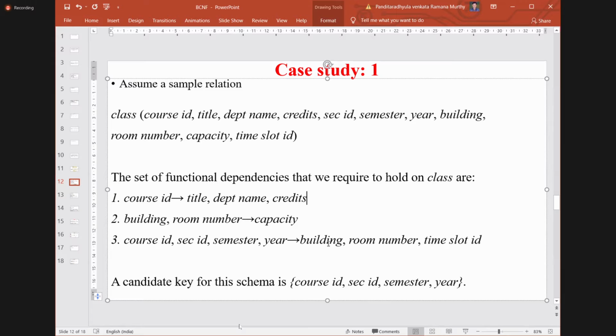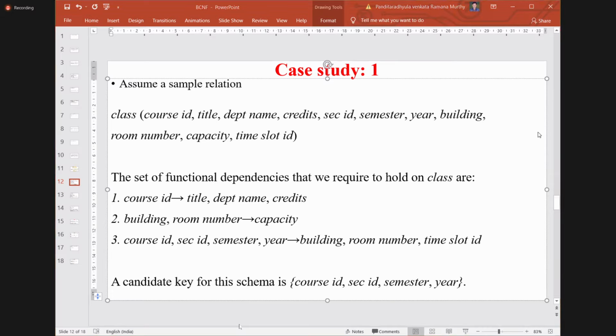So what you are identifying is that the given fields are divided into small subgroups. Based on the subgroups, we are identifying the functional dependency. One subgroup is course ID, title, department name, credits. Another subgroup is building, room number and capacity. Another subgroup is course ID, section ID, semester, year. And building, room number and time slot ID.